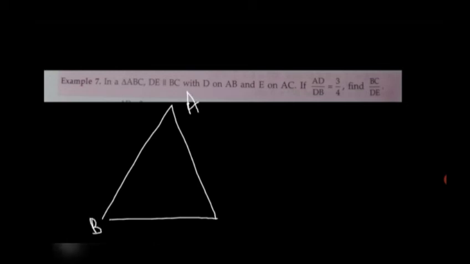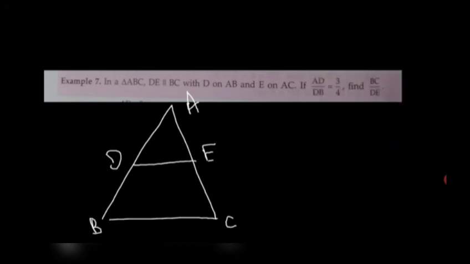First draw the diagram always. So this will be A, this will be B, this will be C. D is on AB and E is on AC. If AD by DB is 3 by 4, find BC by DE.